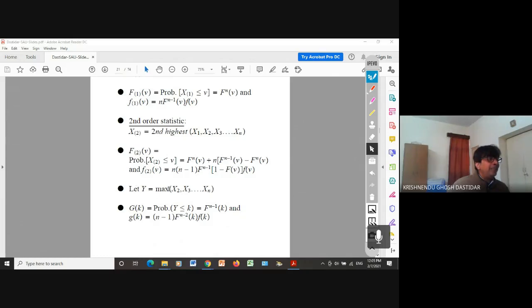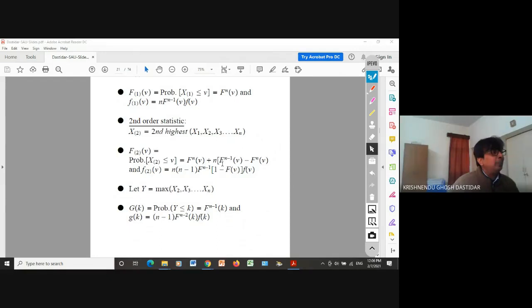So y depicts this. You may be bidder 1 or 2, it doesn't matter, because everything is identically and independently distributed, so we are in a symmetric model. So y, this random variable, is really the maximum of others' values. Capital G is the distribution function of y, and small g is the density function of y.